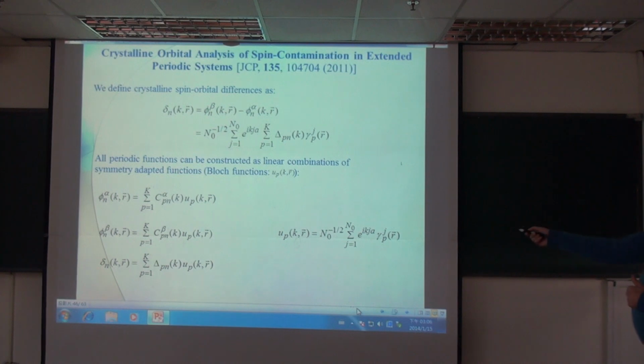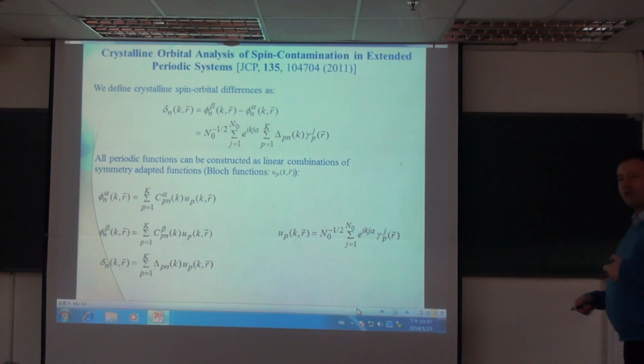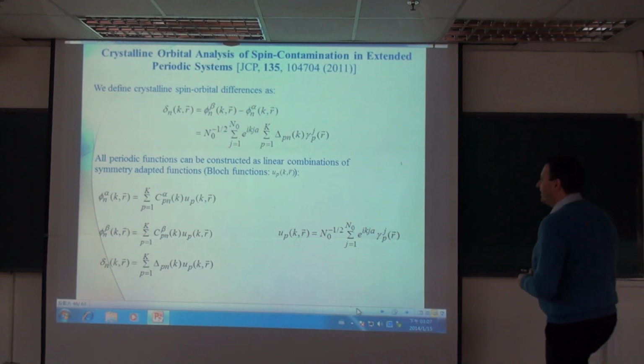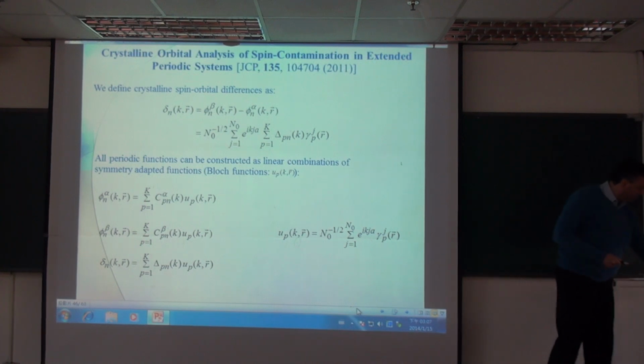And since they are translation symmetry adapted, crystalline orbitals with different electron momentum k cannot combine, they cannot overlap. We have block diagonalization in k.